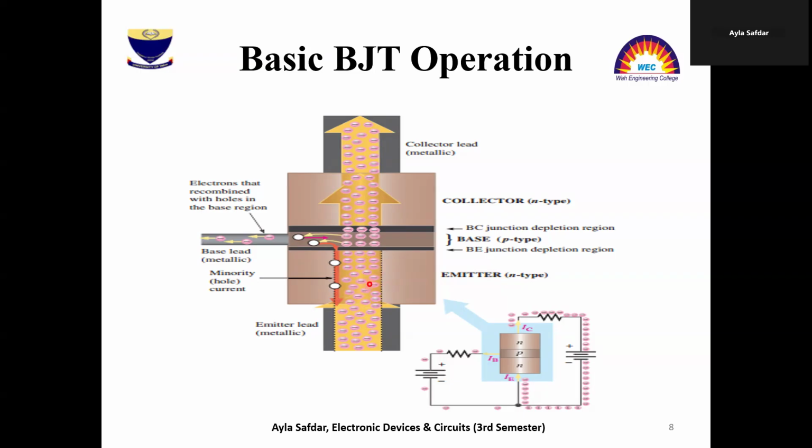The base region, as I have already told, is quite thin and lightly doped. In the base region, as we have the P-type doping, the majority carriers are holes and the minority carriers are electrons, right? And the third one is the collector, which is moderately doped as it is N-type, so we have majority carriers electrons and minority carriers holes.